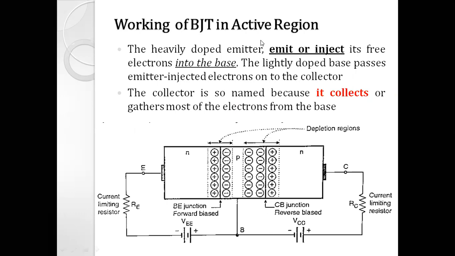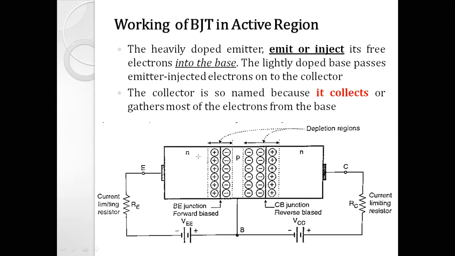Inside the BJT, the heavily doped emitter injects its free electrons into the base. We know that because the emitter region is N-type material, the majority carrier inside the emitter region is electrons.